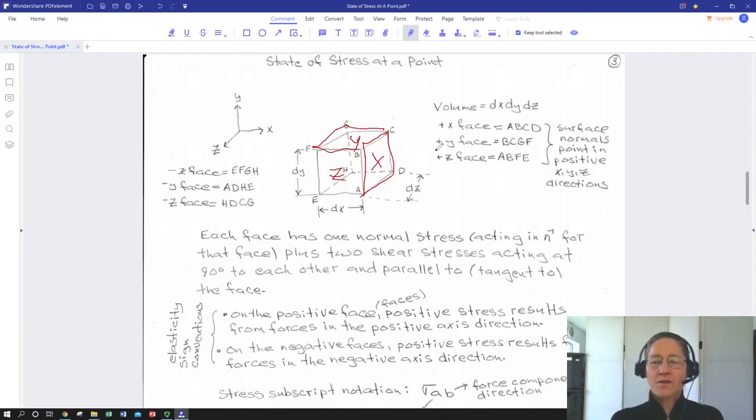Okay, so the surface normals to each of those are going to point in the x, y, and z direction. Now, that said, we can define a negative x face as the face that is going to have a surface normal pointed in the negative x direction. So, using our coding, our negative x face is going to be bounded by E, H, G, and F, and likewise for the others.